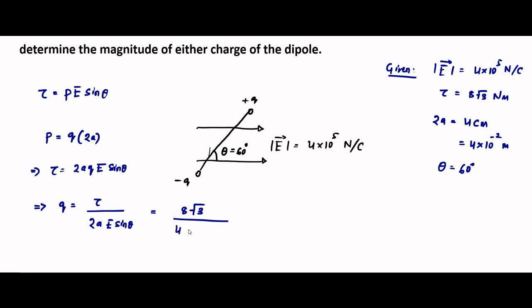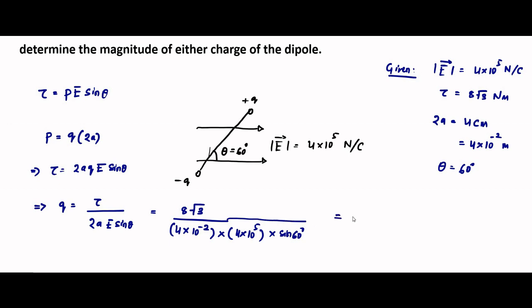Substituting the values, 8 root 3 by 2A, which is equal to 4 into 10 to the power minus 2, into E, which is equal to 4 into 10 to the power 5, and then sine 60 degree, which is equal to root 3 by 2.